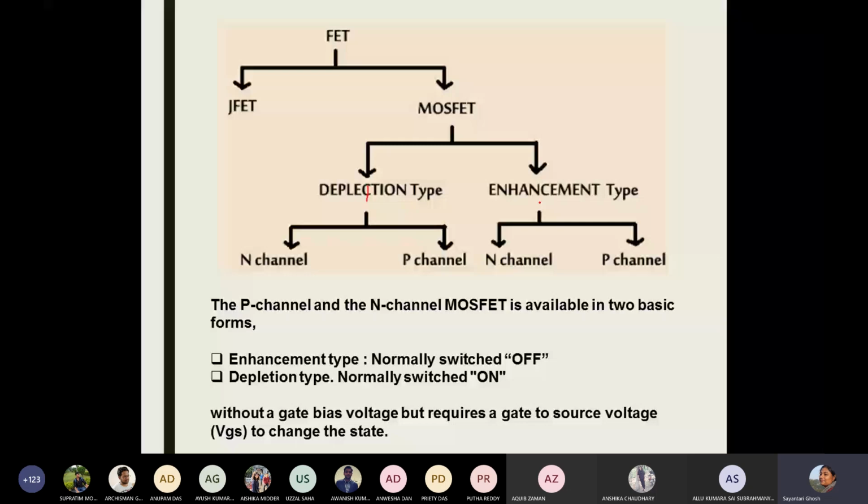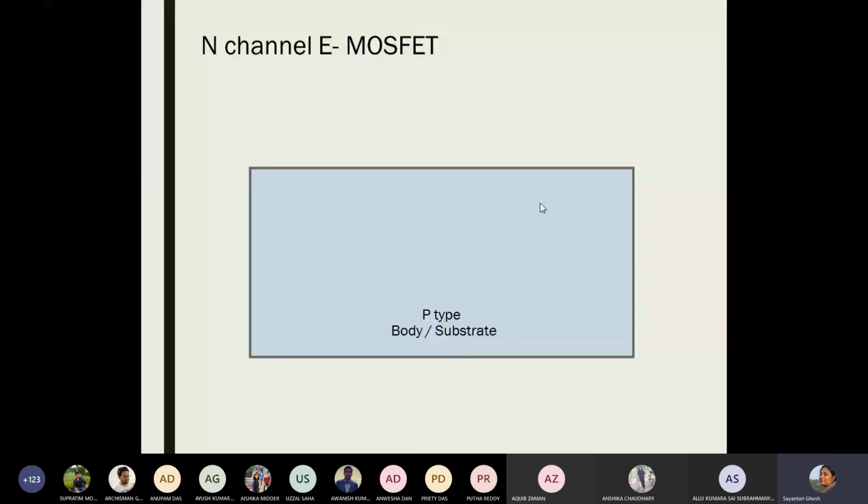If I start by talking about the construction of an N channel E MOSFET, the first basis of the structure is a p-type material. Its base material is called a substrate or body, and it is made of p-type semiconductor.